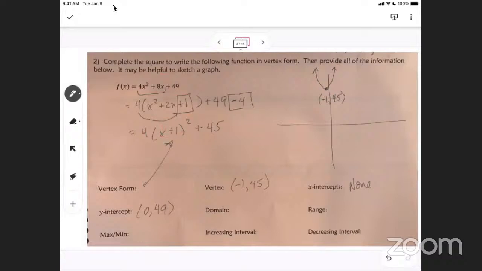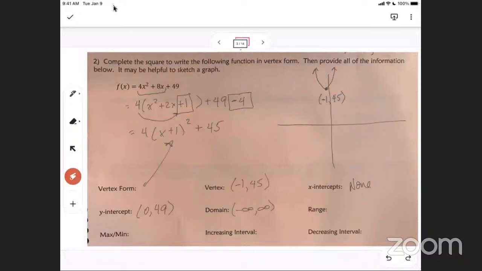Got it? What's the domain? All reals. Good. What's the range? It'd be... Remember horizontal line scans? Yes. And where is it touching it? We're talking about range, 45.